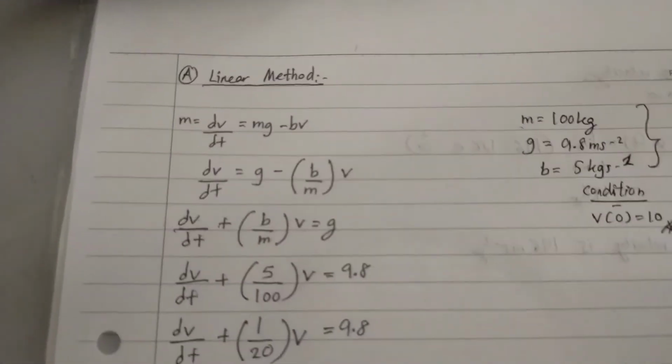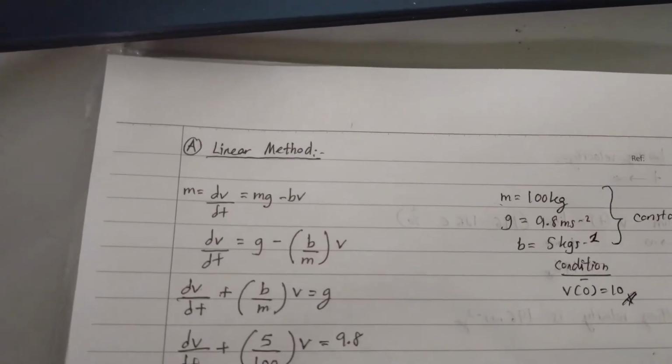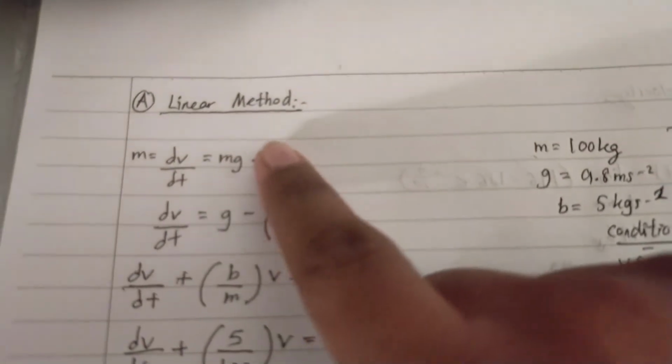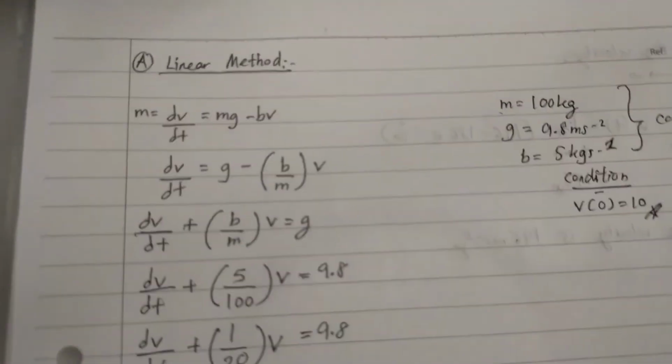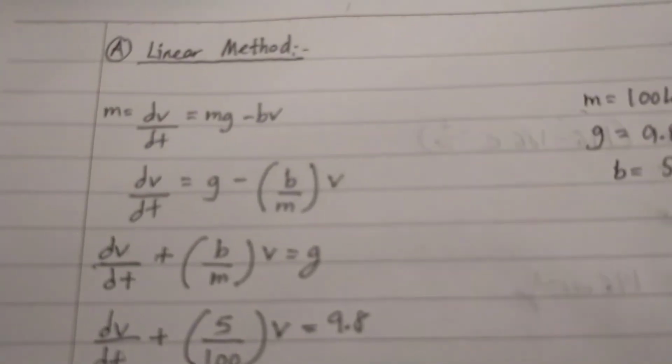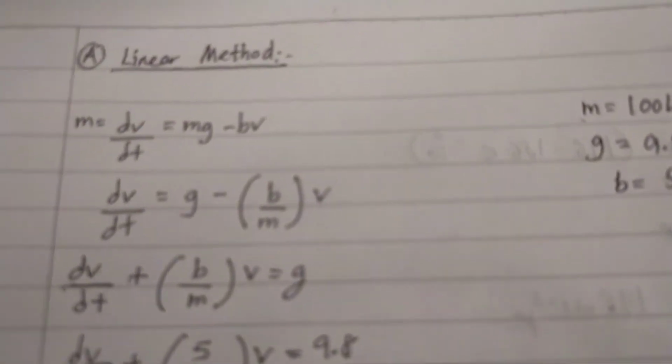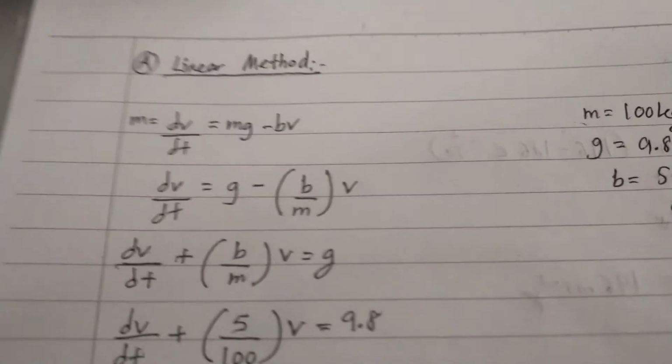So now we go through how to do the calculation. This question is a linear equation: m dv/dt equals mg minus bv.